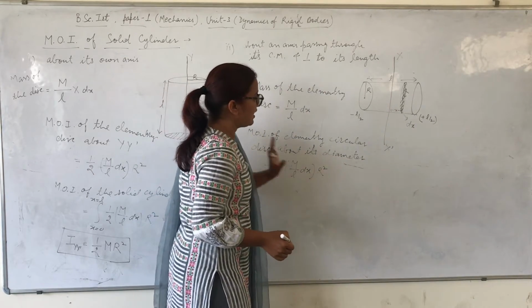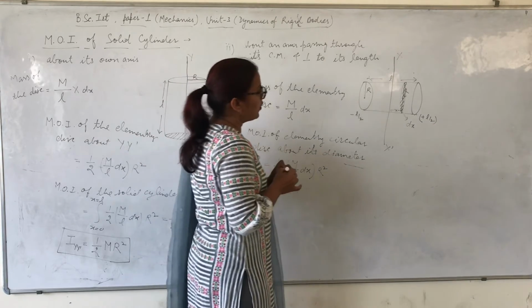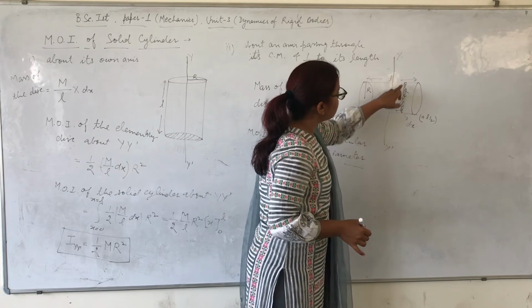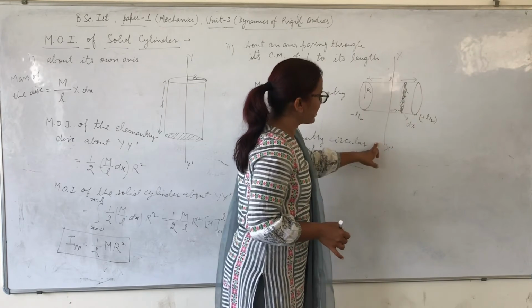So it becomes 1 by 4 m by l dx r square. But we don't want to calculate the moment of inertia of the disk about its diameter, but about this axis.